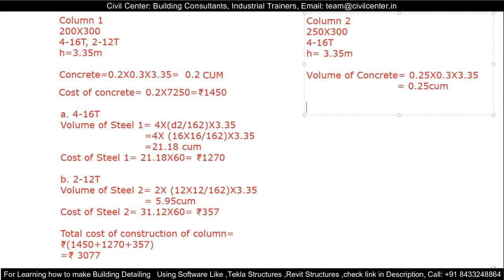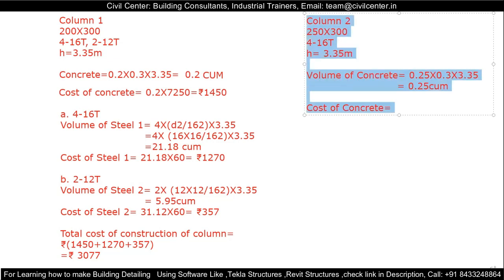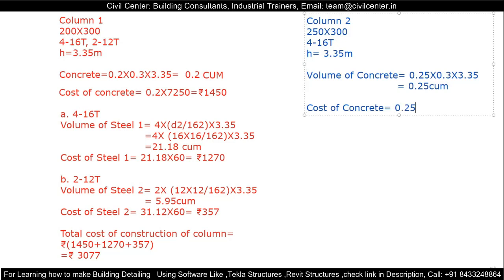Now we will go for the calculation of cost of concrete. So that will be the whole value multiplied with the cost, that is 7250. So 0.25 multiplied by 7250.